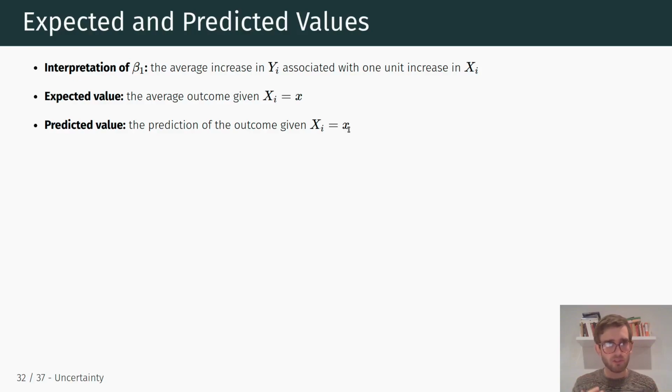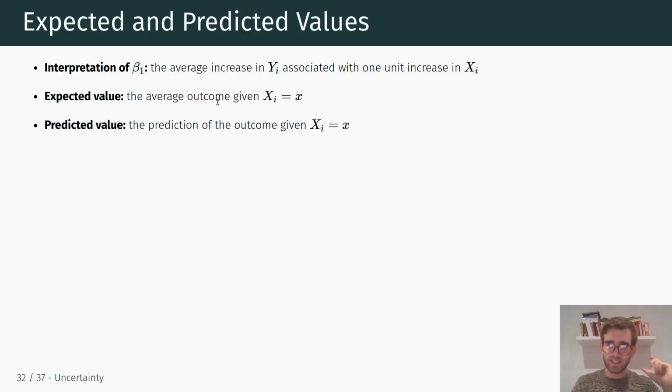At a first look, these seem to be exactly the same, but they're not when we talk about introducing the uncertainty around our prediction. Keep in mind here we have the average outcome given xi equal to x.